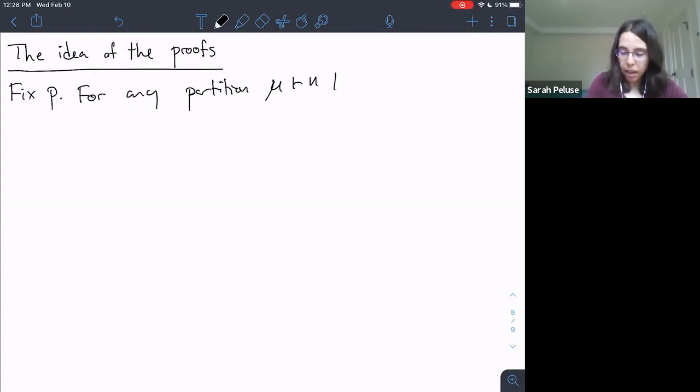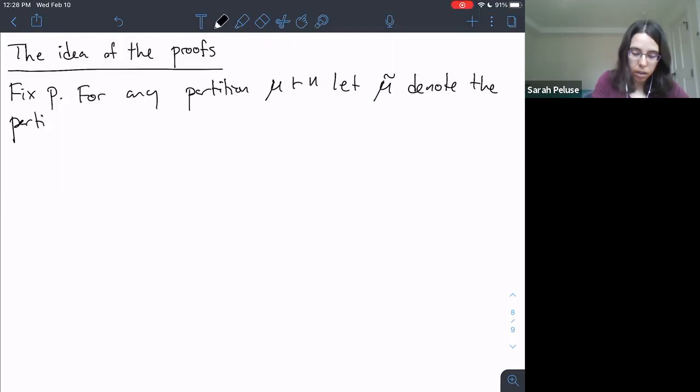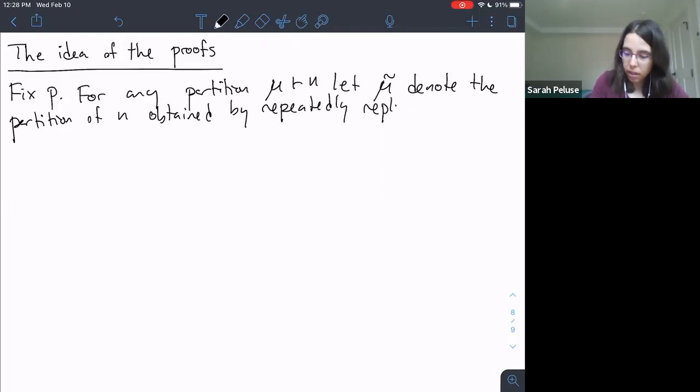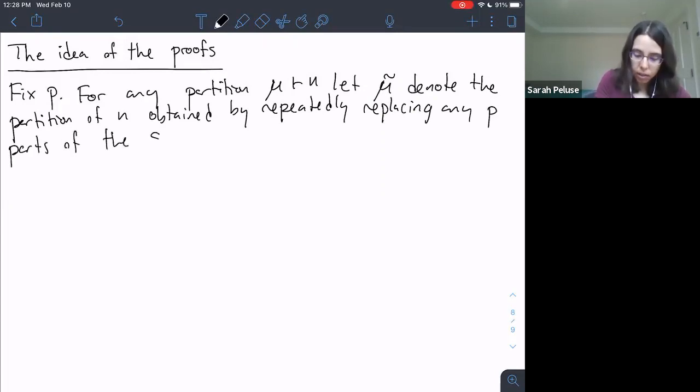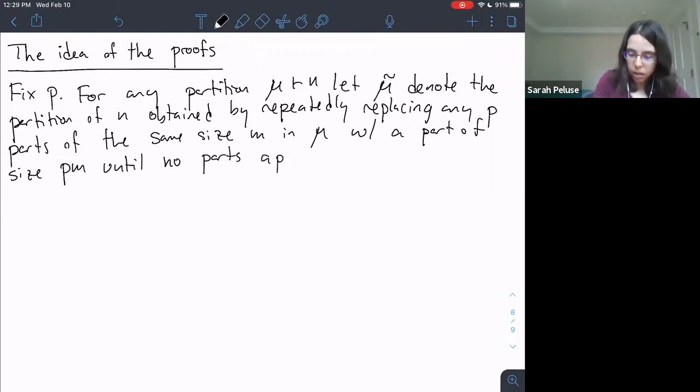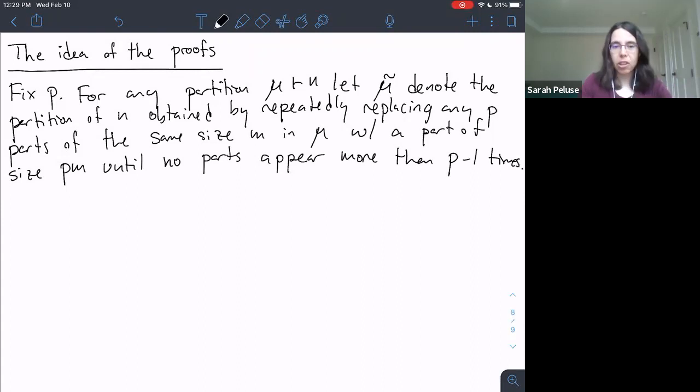So for any partition mu, we let mu tilde denote the partition of n obtained by repeatedly replacing any p parts of the same size m with a part of size p times m, until no parts appear more than p minus 1 times. So do this operation until you can't do it anymore.